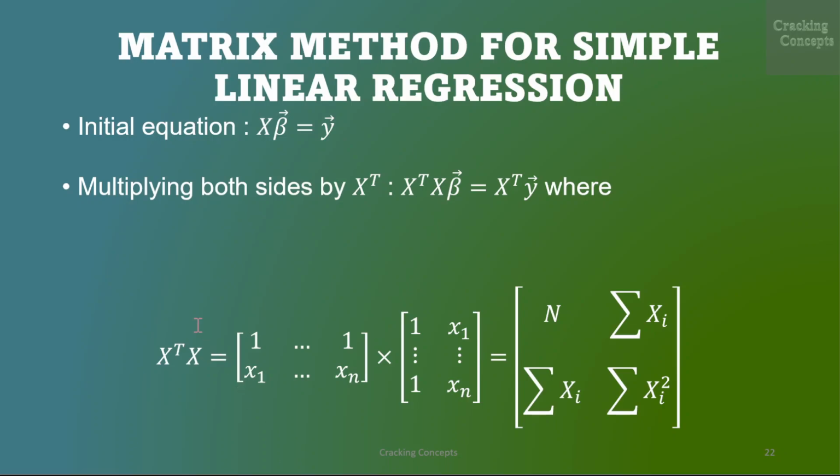We'll see that on multiplying this row and this column, we see that 1 is multiplied n times, so we write here n. And on multiplying this row and this column, xi is added n times, so we can write it as sigma xi. The same thing happens here also, which is sigma xi. And here x1 etc. xn is again multiplied by x1 etc. xn, so this will be sigma xi squared.